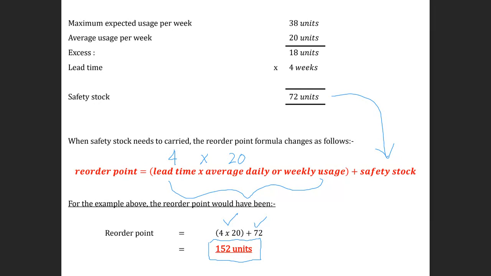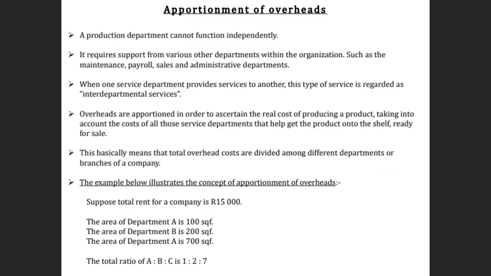And should there be any hiccups along the way, they have safety stock on hand to ensure that they can facilitate any of those issues and continue to operate as normal. So that is your reorder point.